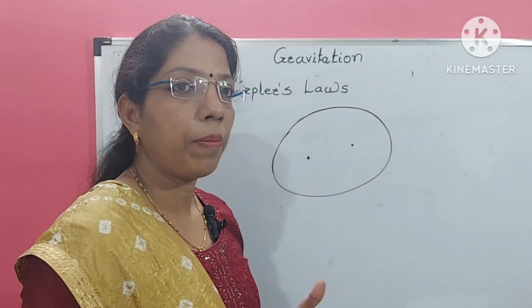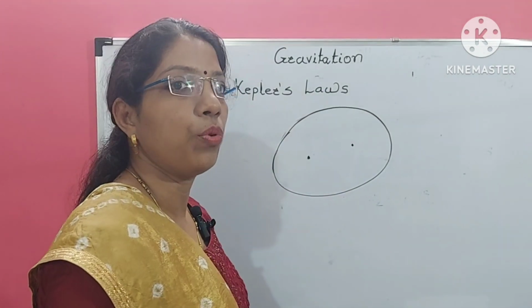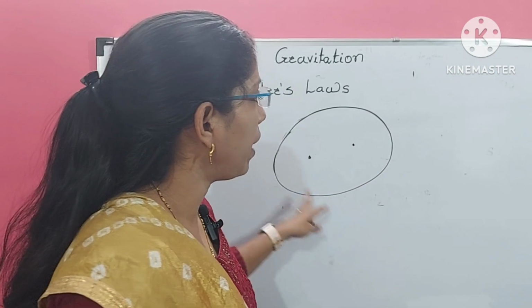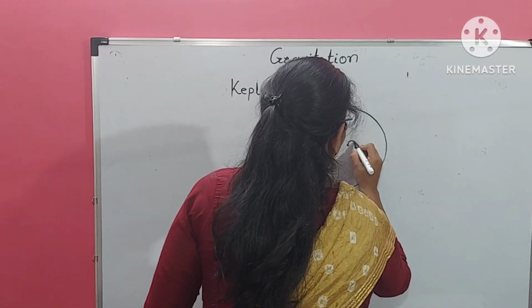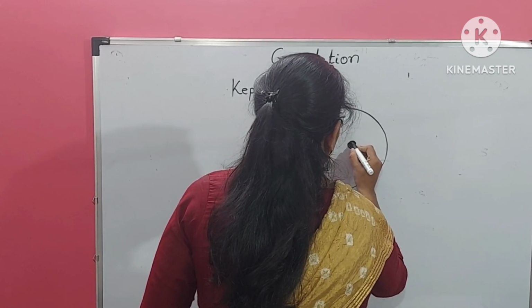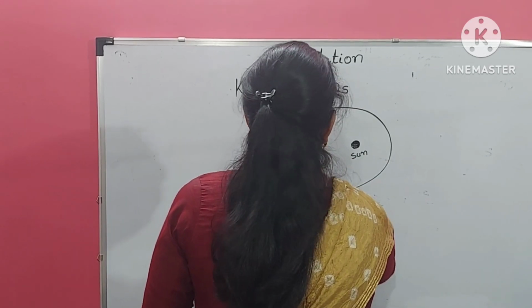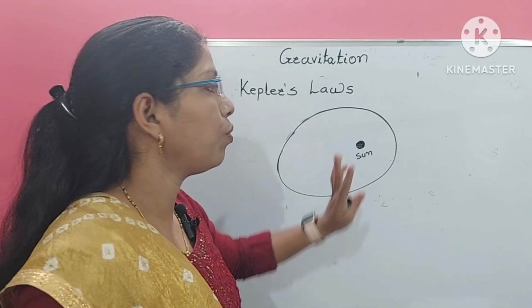The orbit of a planet is an ellipse with the sun at one of the foci. Suppose these are the two foci and the sun is present at one of the foci. That is, the orbit of a planet is an ellipse with the sun at one of the foci.